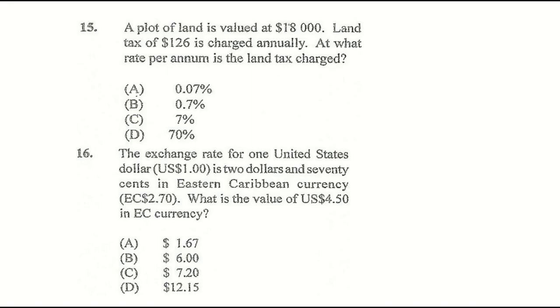Is 126 of 18,000. So your tax is going to be 126 over 18,000 multiplied by 100 over 1. Cross this off, cross this off. Yeah, we can say 126 divided by 180.